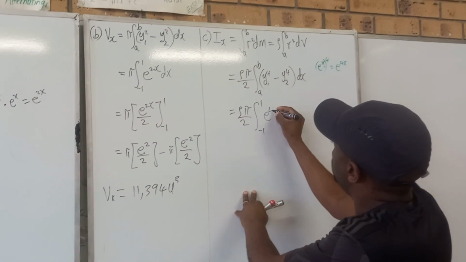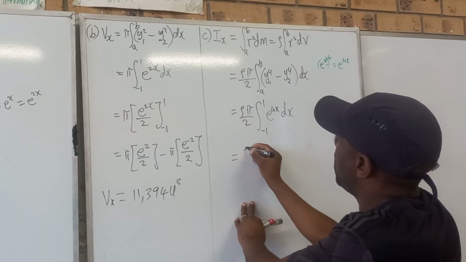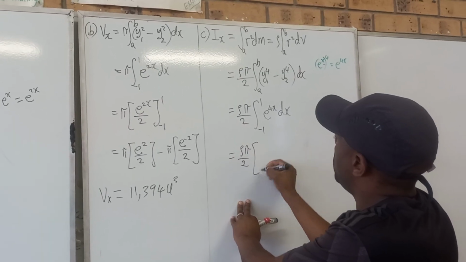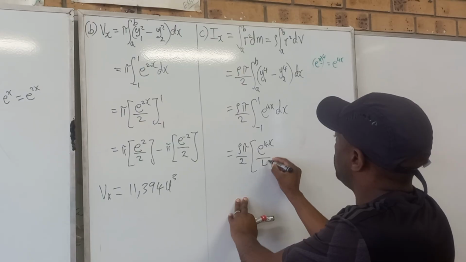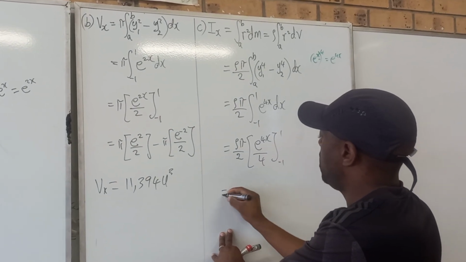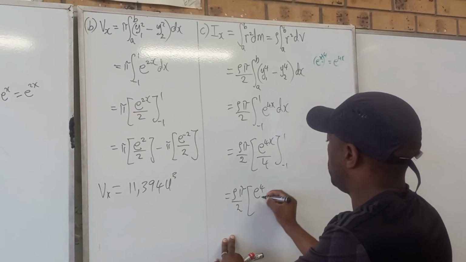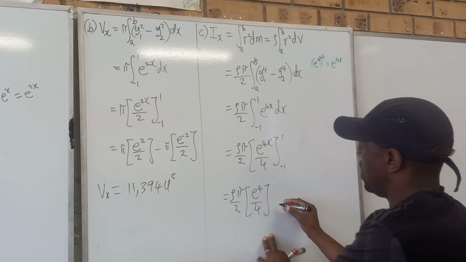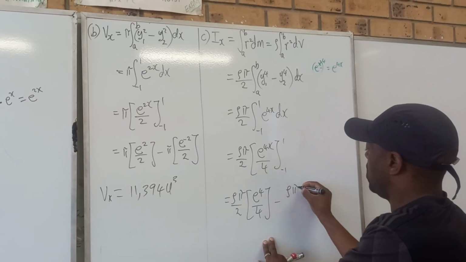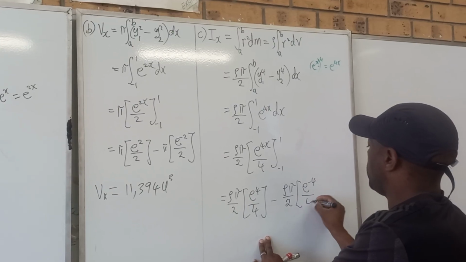So we get e to the power 4x, or y2 is 0, so that's what we get. Then now integrate, we'll get e to the power 4x over 4, negative 1 to 1. Then we'll substitute our limit, we'll get e to the power 4 over 4, that's my upper limit, minus the lower limit, which is e to the power negative 4 over 4.